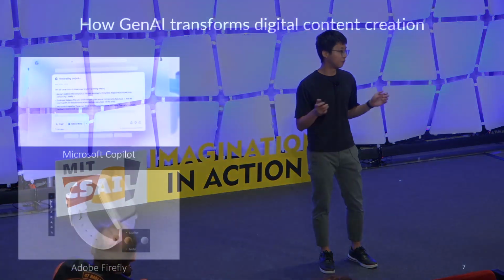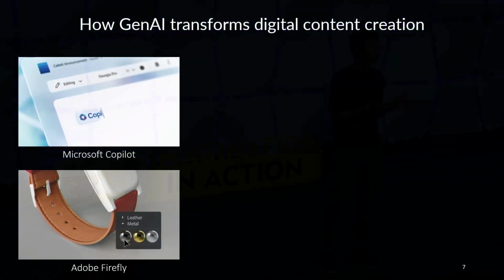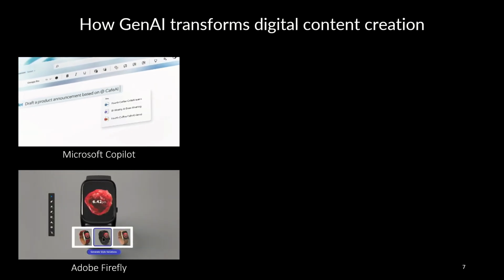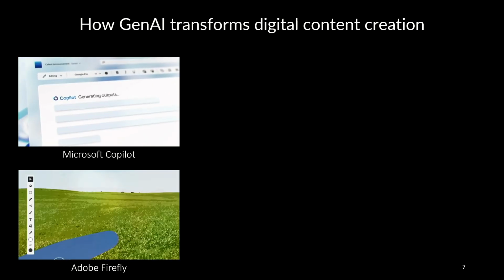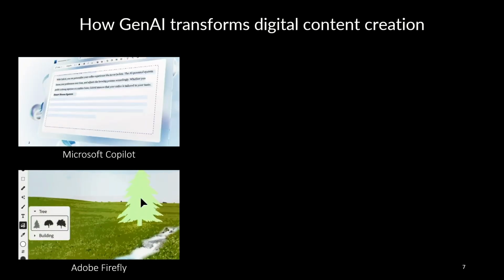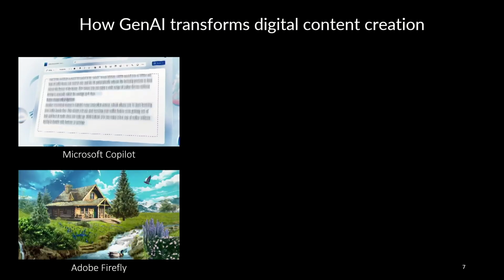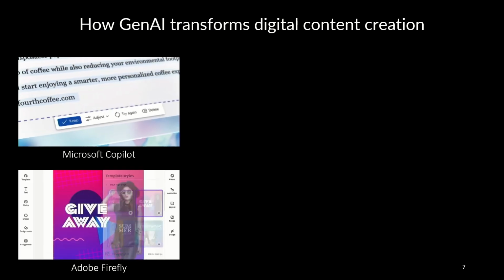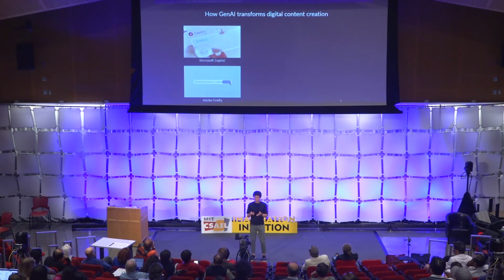I believe all of you have already used this kind of cool generative AI technology in your day-to-day jobs, or even have it well integrated into your workflow. It can help you write your email. It can help you create graphics or edit images, or sometimes, for me, help me write my papers.